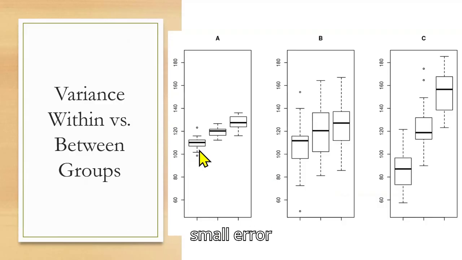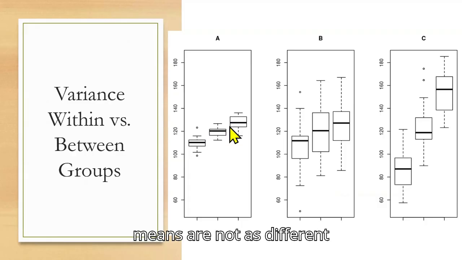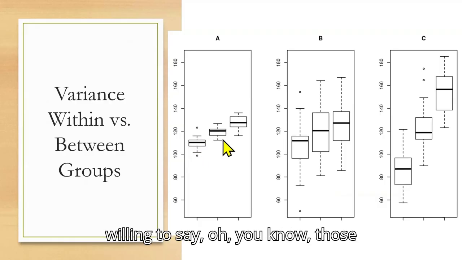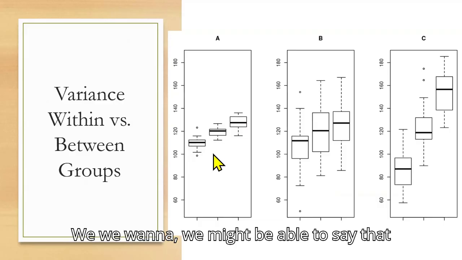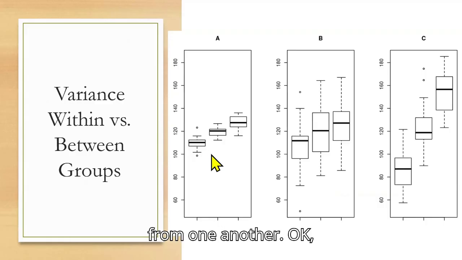Okay, but when we have small error bars around the means, even when the means are not as different from one another, we might be more willing to say, oh, you know, those distributions don't overlap very much. We might be able to say that those means are significantly different from one another. Okay.